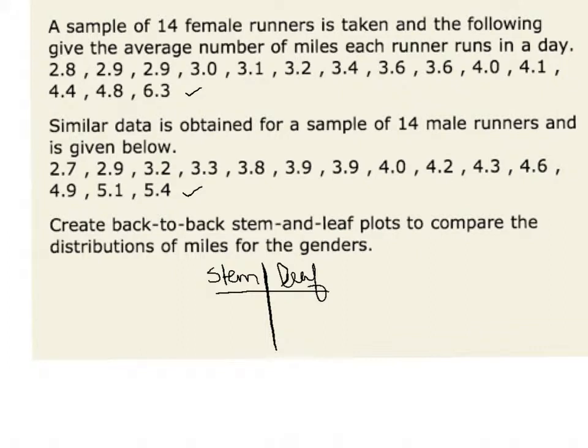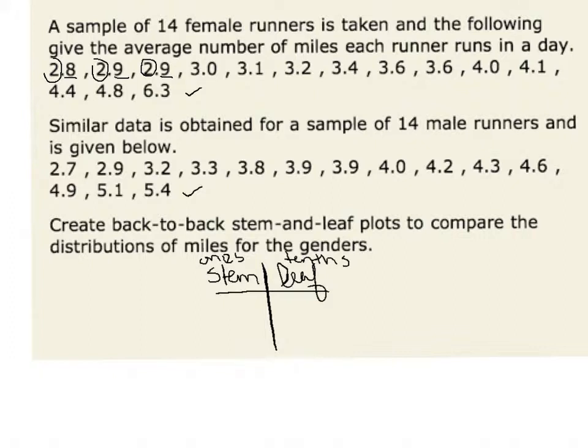For example, in our data, we have the ones place value as well as the tenths place value. Therefore, in our case, the stem is going to be the ones and my leaf is going to be the tenths.